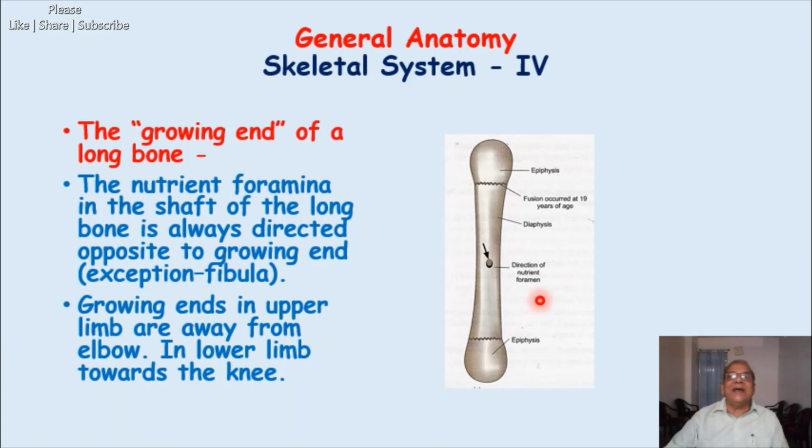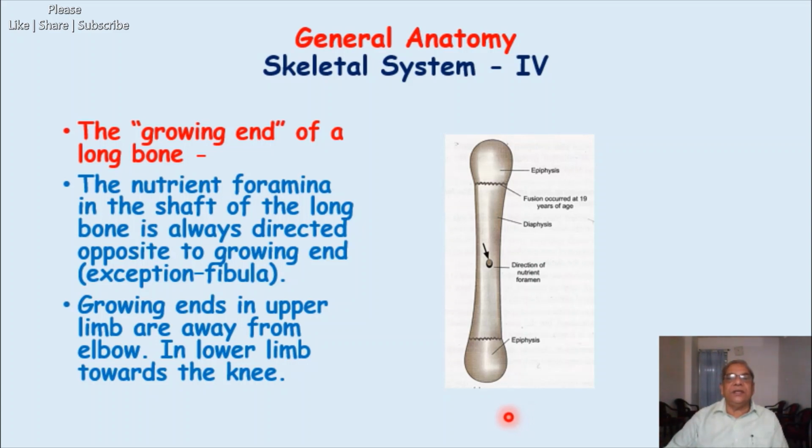It means that the upper end of the humerus is the growing end, because it is away from the elbow, and the lower ends of the ulna and radius are also growing ends. But the opposite is the case in the lower limb, where there are the femur, tibia and fibula.